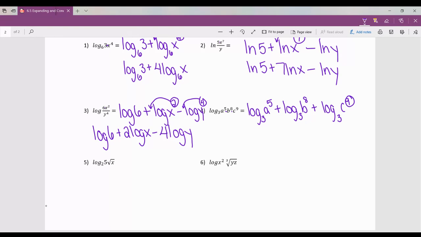And then we're going to take these exponents and just bump them down in front of the word log. So it's going to be 5 log base 3 of a plus 8 log base 3 of b plus 9 log base 3 of c.